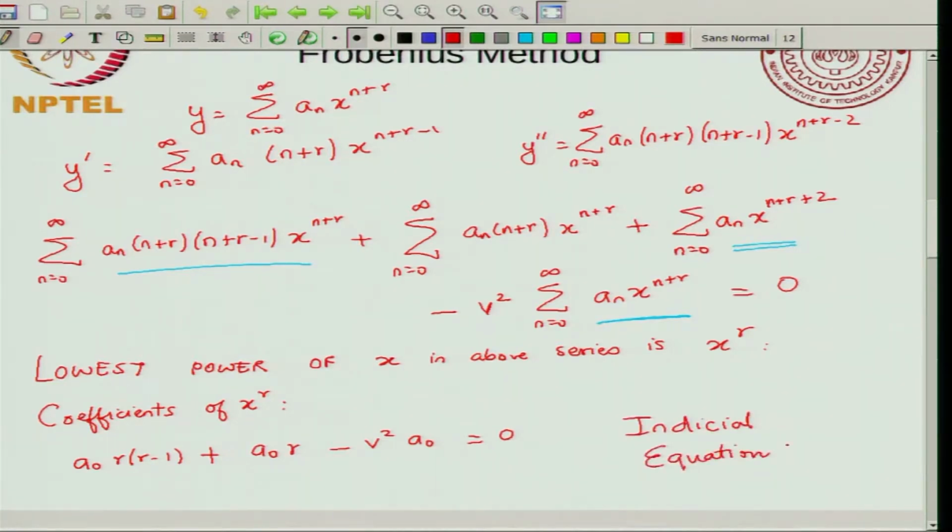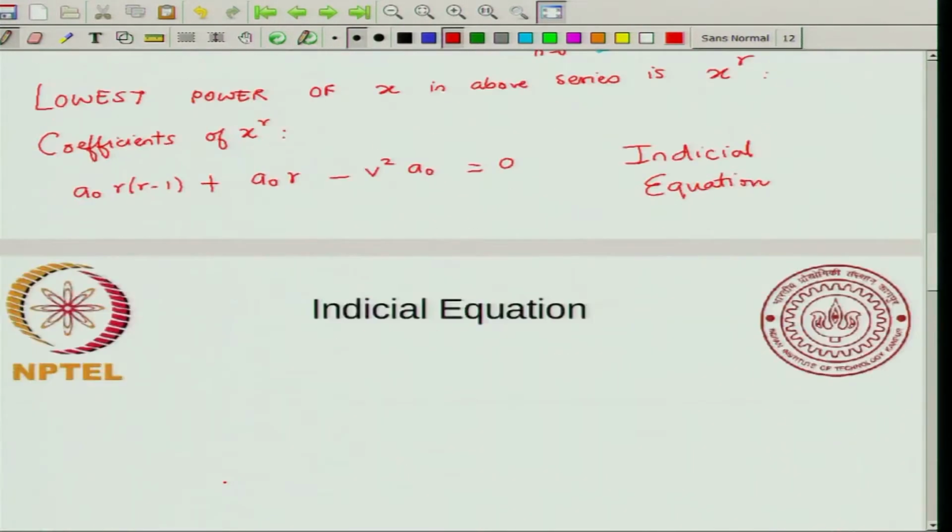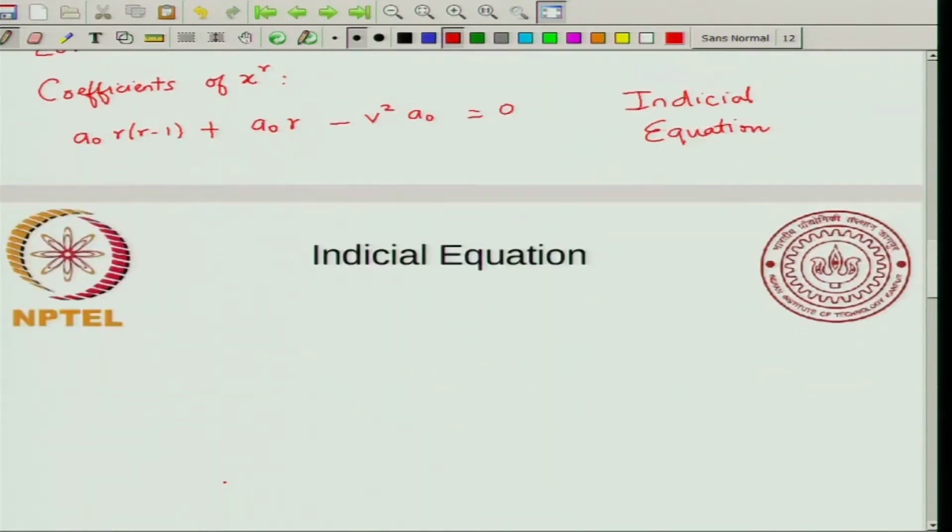You can just cancel a 0 across this equation, and you get r square minus r plus r minus v square equal to 0, which is r square minus v square equal to 0.